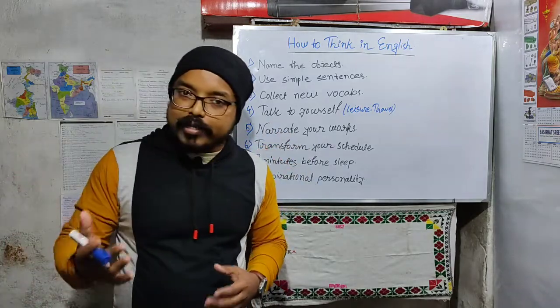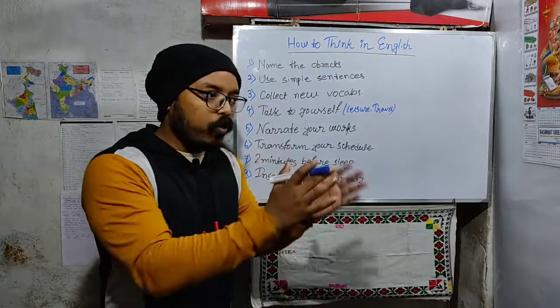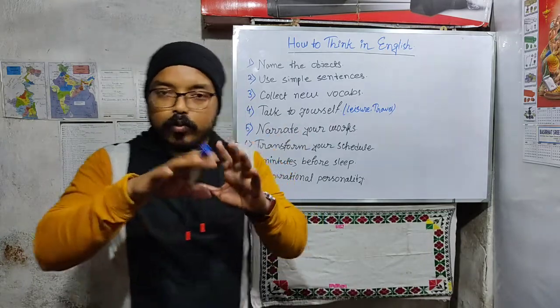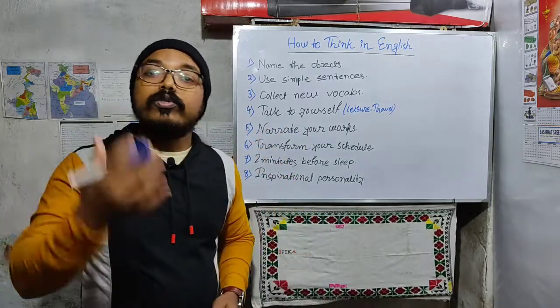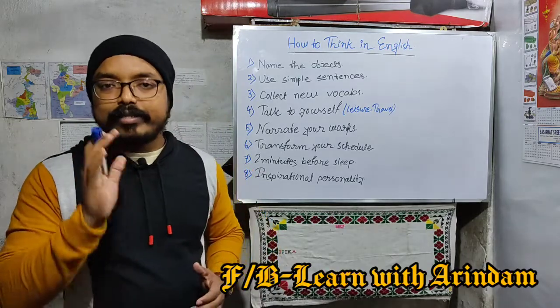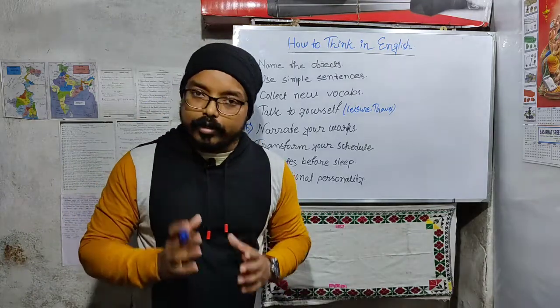It looks messy, it looks clean, there are some tables, chairs, doors, windows, and whatever articles you are watching, just try to know the names of the articles. It is the first fundamental basic thing that you need to know.